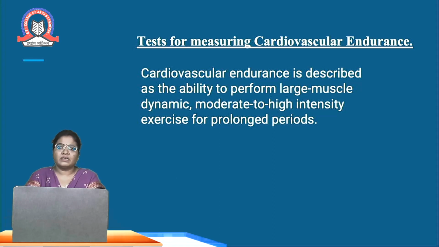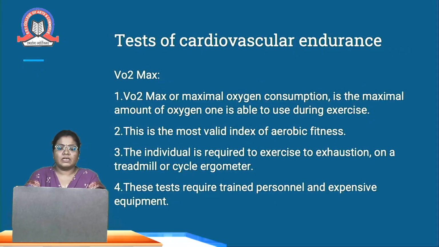That is, checking how much time we are able to hold one exercise related to our muscles gives the idea of cardiovascular endurance. There are some tests for finding cardiovascular endurance. In that, the first one is VO2 max.